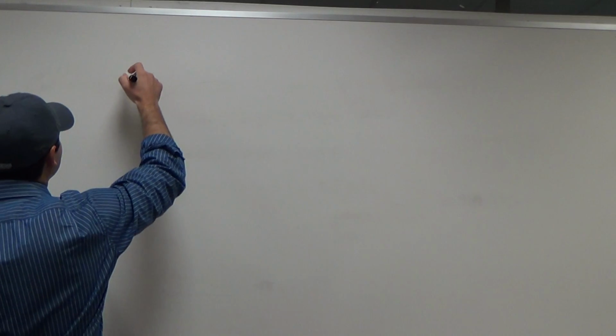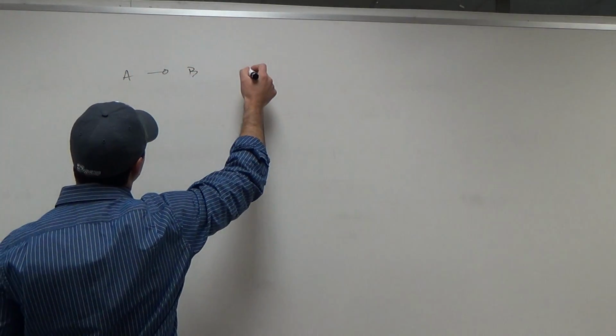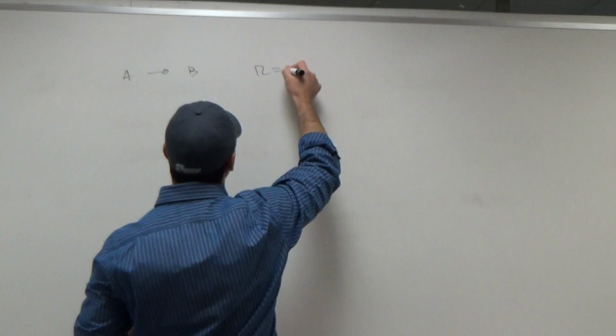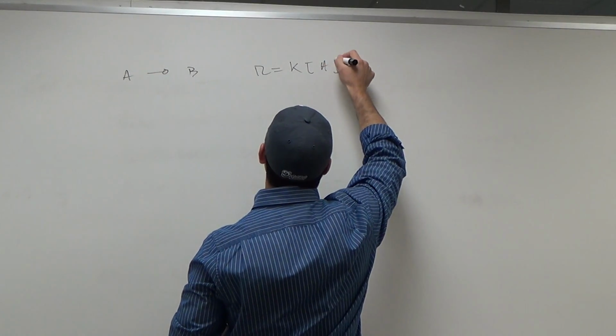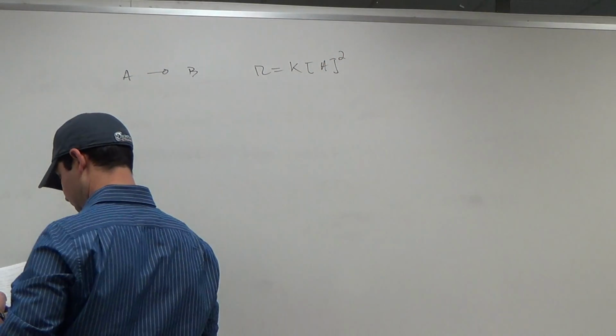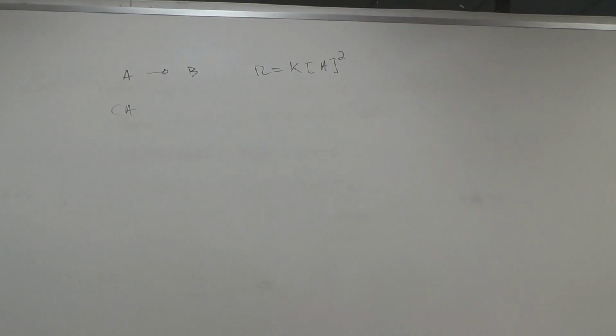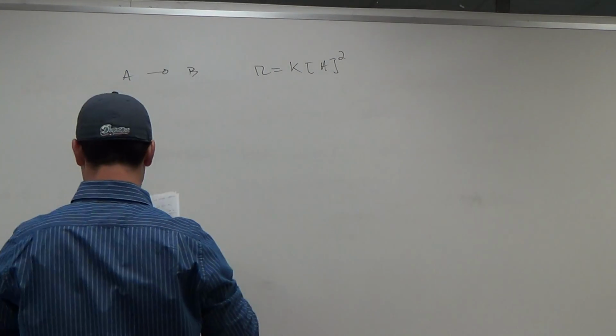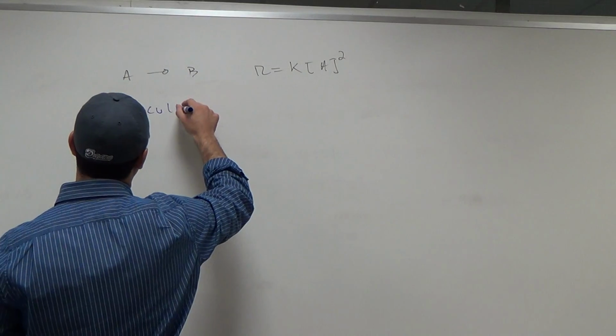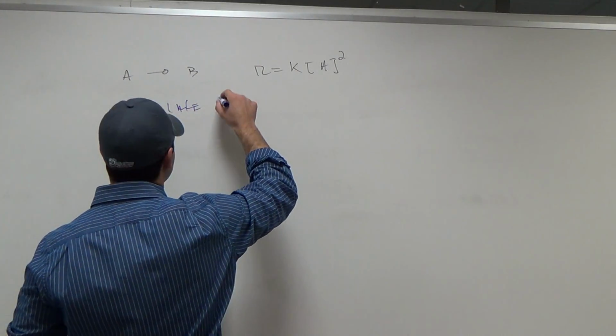Okay, let's say A gives you B, and this is the rate. It's like this. Okay. That's right. Oh, second order. Calculate the half-life.